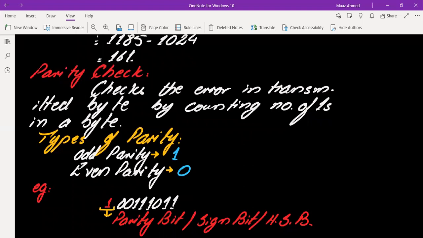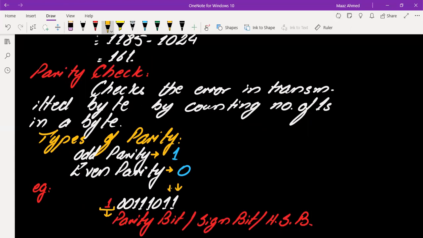Now, how am I going to look for that? So this is how we are going to look for that. The odd parity, how are we going to find it out? We are going to count the number of ones over here. In the transmitted byte, we are going to count the number of ones. 1, 2, 3, 4, 5.